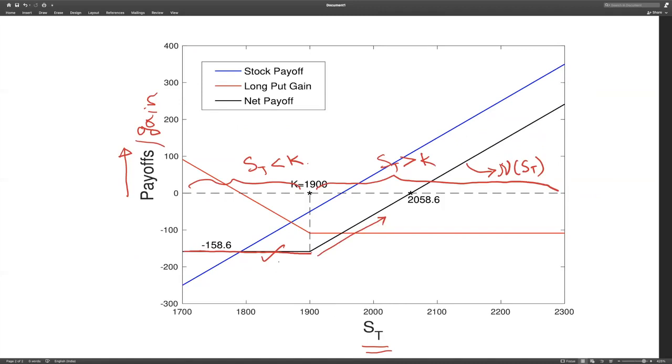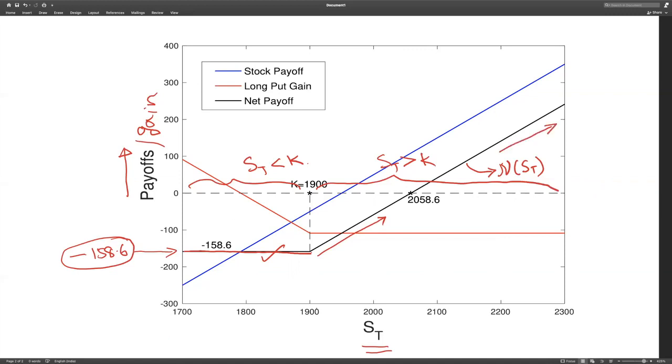So from this figure, you can see that the long put option position actually helped Mr. Meg to limit his loss only to minus 158.6. Right? He cannot lose more than this much money per share. Whereas on the upside, he can get any amount of profit.